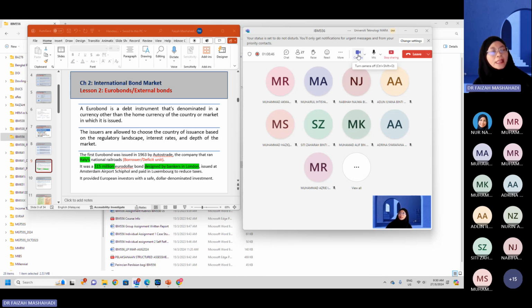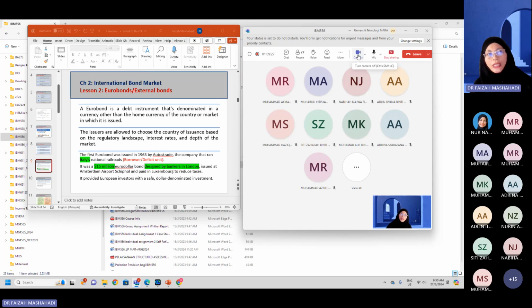It will not be denominated in the home currency of the issuer, and the second one, it won't be denominated in the currency of the market where the bond is issued. Okay, Malaysia, we have Proton. Kita guna Proton lah. So Proton wishes to issue Eurobonds. Definitely it won't be denominated in RM. And if the place of issue is in New York, that Eurobond will not be denominated in US dollar.